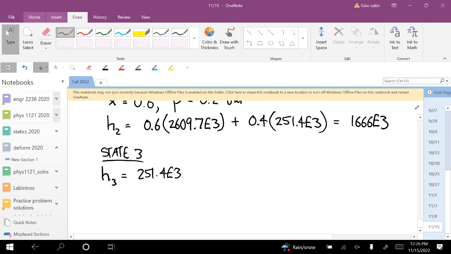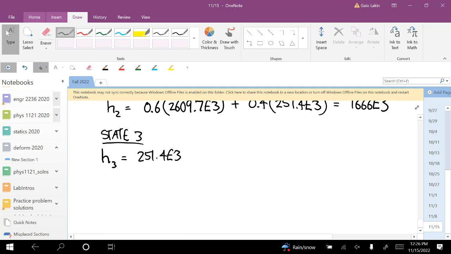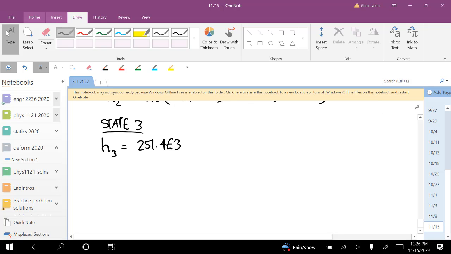Okay, so what about the cooling water? Well, we could look it up in the table for water. We do have that. But we can also just assume that it's incompressible and do that calculation.